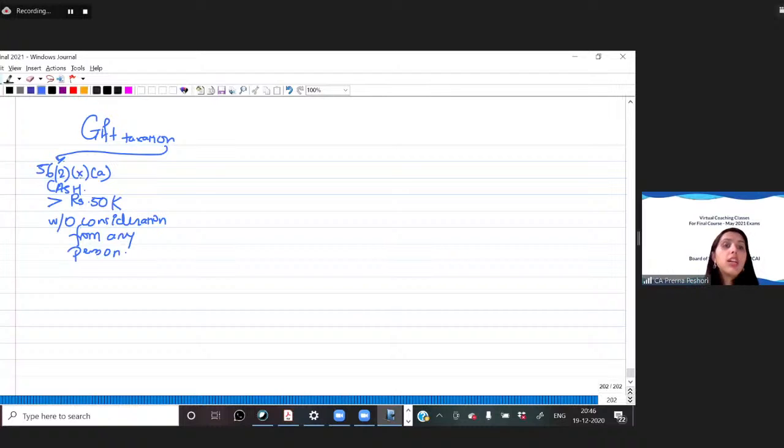Then second is 56(2)(x)(b). This is with respect to immovable property.